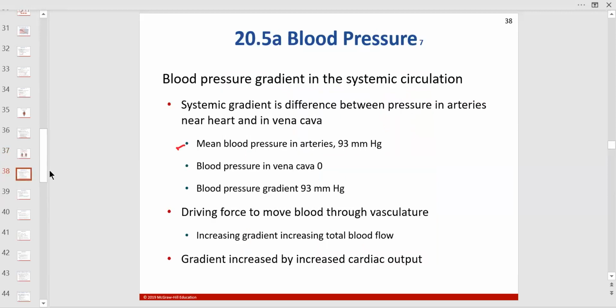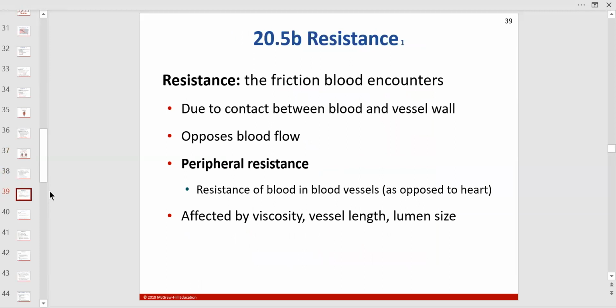So again, just to repeat, and this is important, the pressure gradient from one end of a vessel to another, you can measure that. I keep talking about resistance and peripheral resistance. Really, the lumen size is the most important factor in increasing peripheral resistance, which eventually is going to increase your blood pressure. Vessel length could have something to do with being obese.